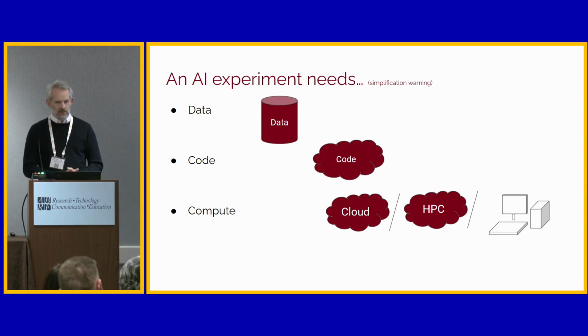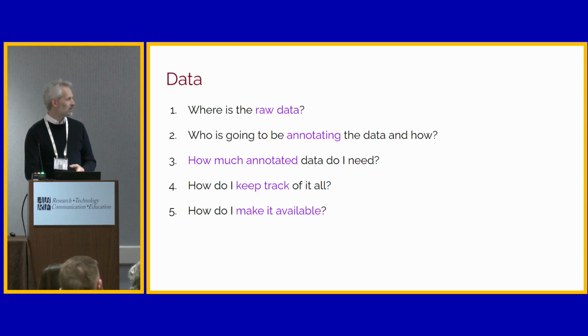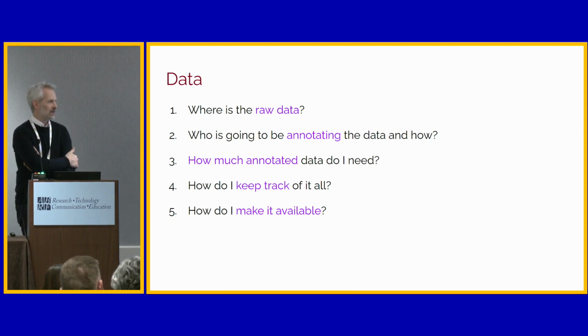So, an AI experiment. Well, basically you need to combine together these three elements, in gross simplification, but essentially you get some data, you got to find the right code, and then find the correct compute resources. And there's a number of questions that come up that really are important, and each one of these has different implications on the outcome of your experiment.